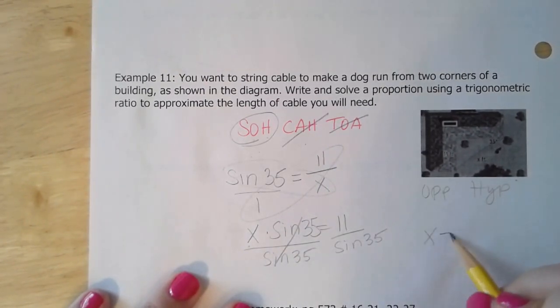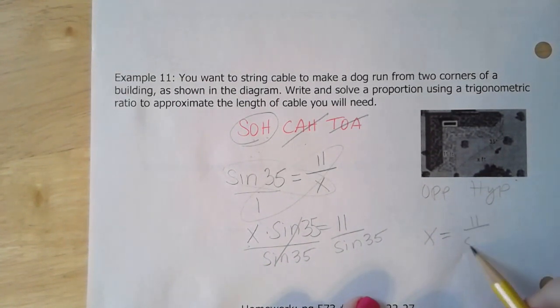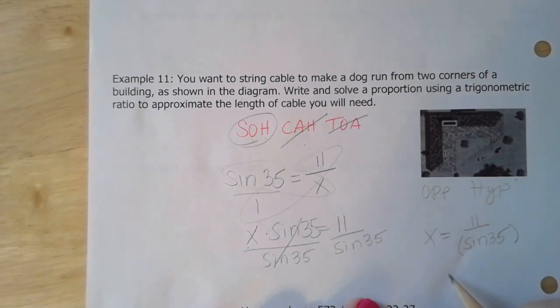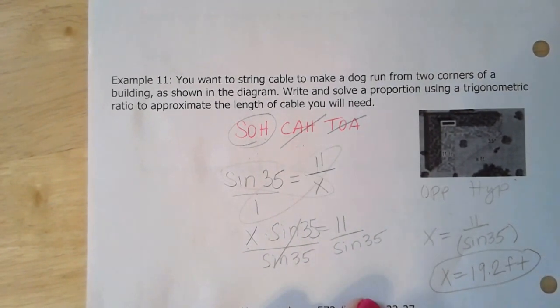We get x equals 11 divided by sine of 35. You're going to plug that into your calculator: 11 divided by parentheses sine 35. You will get x equaling 19.2 feet. If you do not get 19.2 feet, please come and talk to me about this.